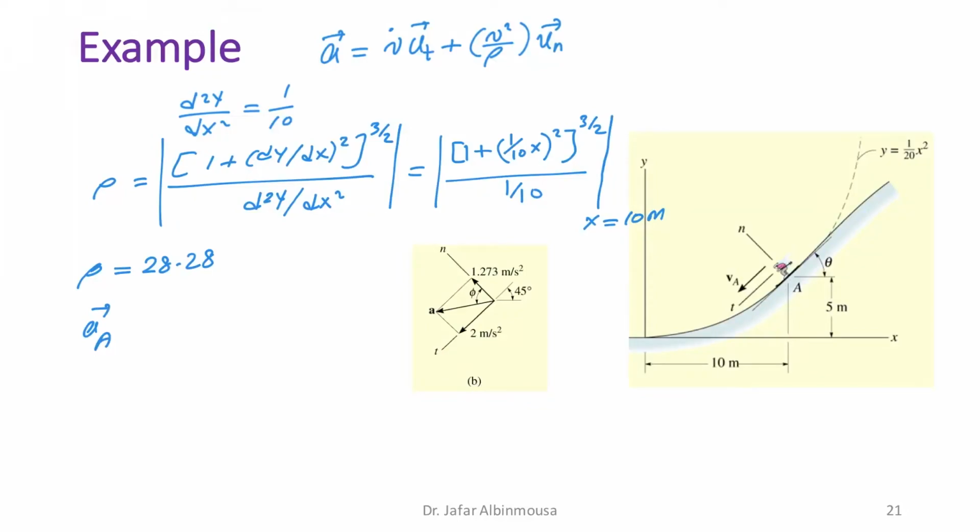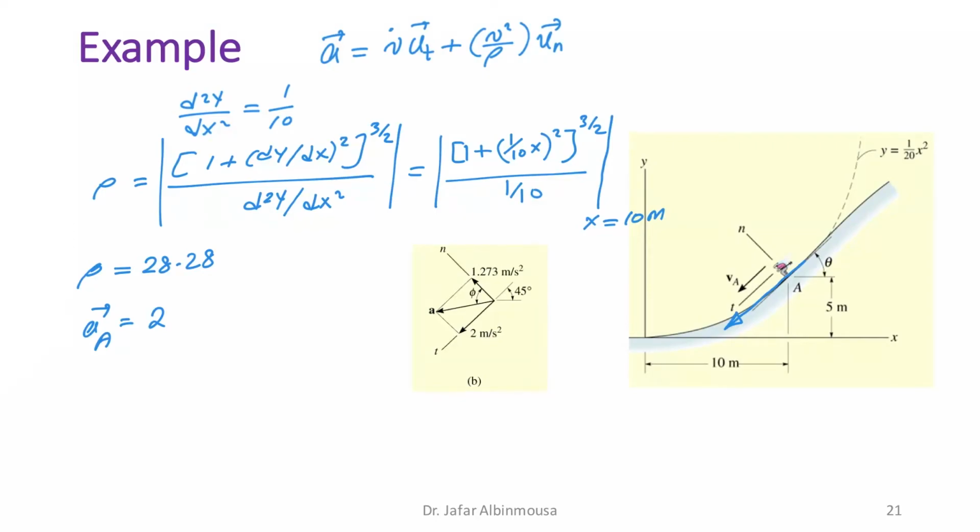Now the acceleration at A becomes equal to 2. Do you remember from the question? It was saying increasing at 2 meters per second squared. That was the acceleration at point A, and this one is the tangent component.